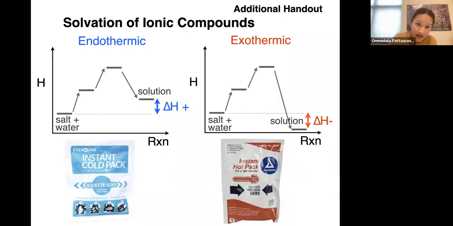However, when you're looking at an endothermic process with a small delta H, the overall delta H that you see in blue right now, if it's relatively small, the reaction is still going to happen spontaneously, because the entropy change still drives the reaction. However, if the reaction comes out to be very, very endothermic, it just means that the process will not occur at all, which means that the salt will not be able to dissolve in water. So that's what it means here.